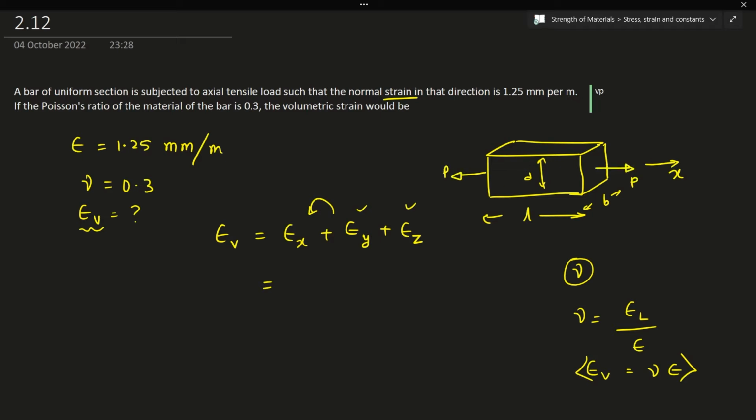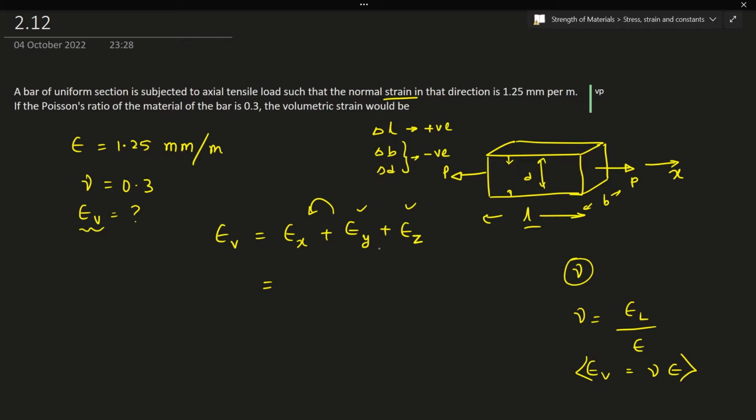Right, so if this is in tension, the bar will be elongated in this longitudinal direction, and this will be in compression. Right, so the D and the B values will be getting reduced, only the L value will be positive. So meaning that delta L will be positive, delta B and delta D will be negative.